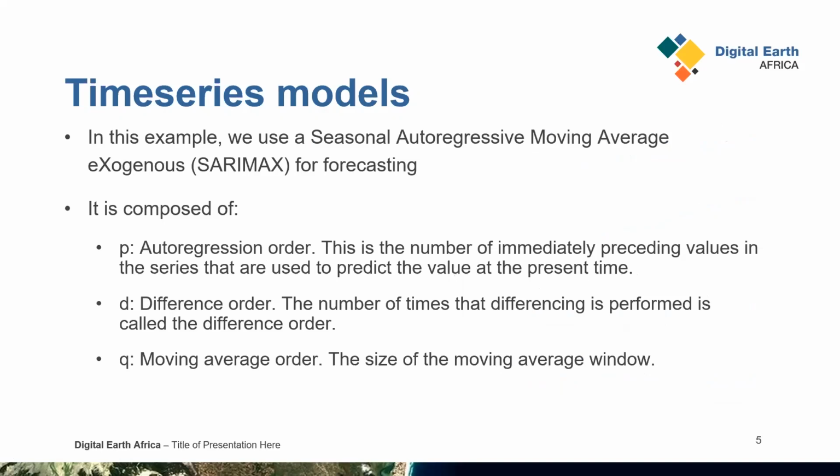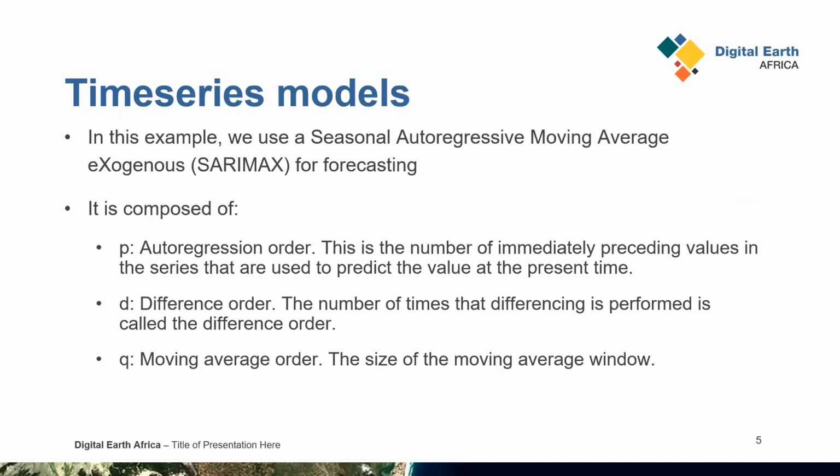P, D, and Q. P is the auto-regression order, and that's the number of immediately preceding values in the series that are used to predict the value at the present time. So let's say we've got a time series that's resampled at a monthly interval, and we're now in the month of April.